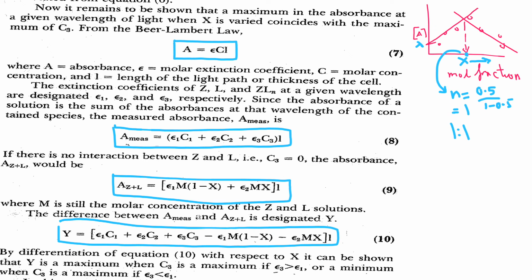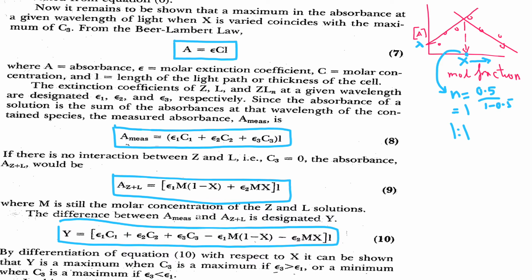Now the absorbance equals the extinction coefficient times the concentration times the path length. Now the measured absorbance is always of the whole mixture: epsilon 1 C1 plus epsilon 2 C2 plus epsilon 3 C3, times L. Now in the mixture of nickel and ethylene diamine, the absorbance originates from the concentration of the nickel and the concentration of the ethylene diamine and the concentration of the complex, the formed complex.